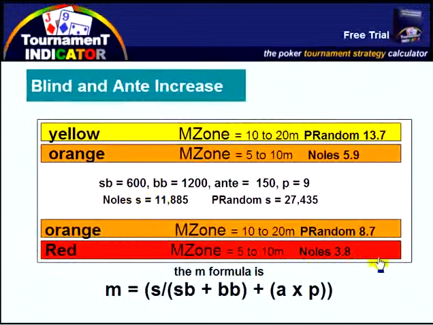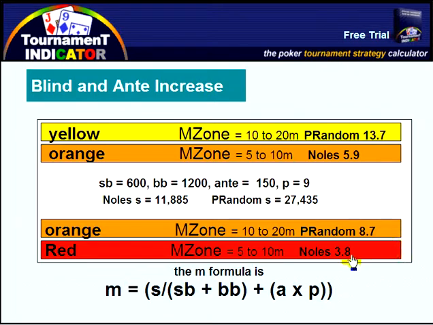Look what happens. This is how big a difference just a simple blind raise can make to your M ratio and thus your M-zone. It's also why you have to know these and keep track of them while playing in a tournament.